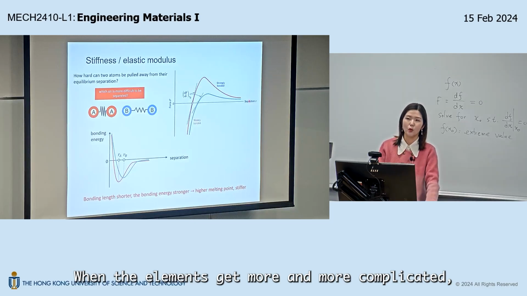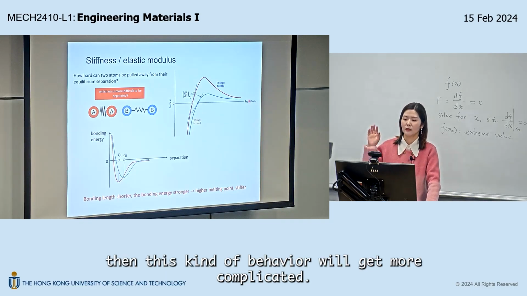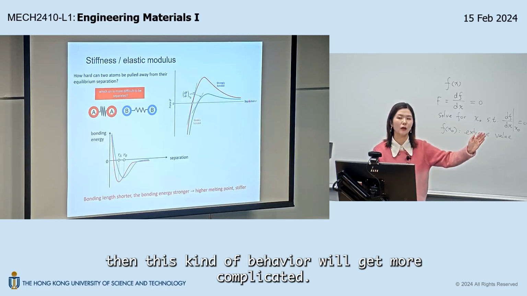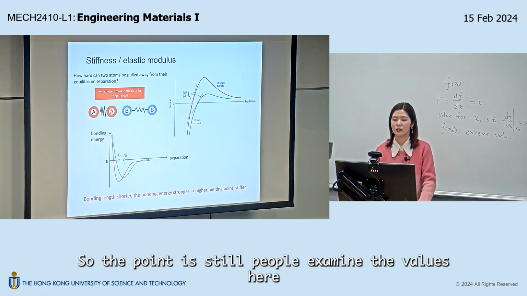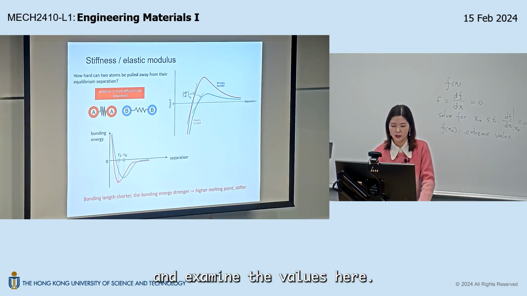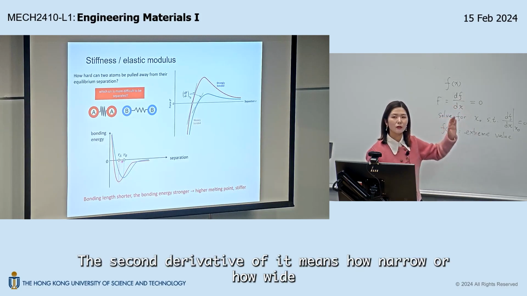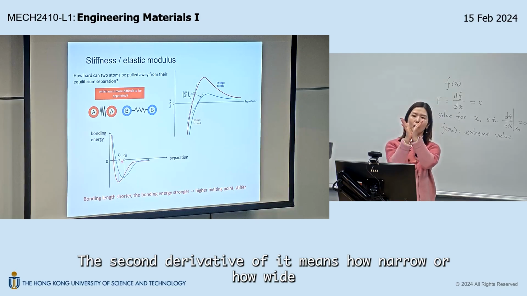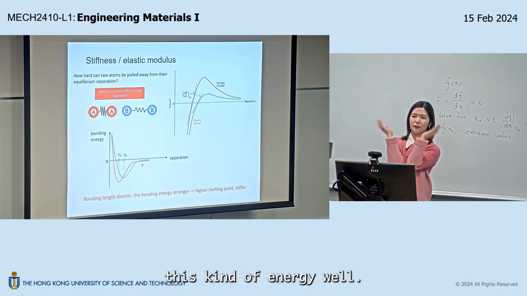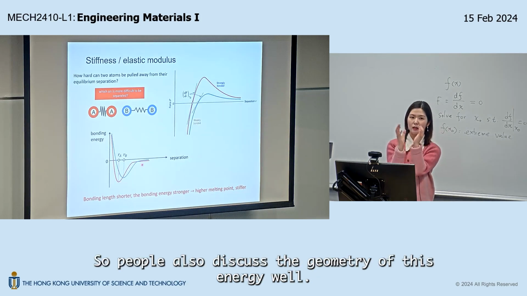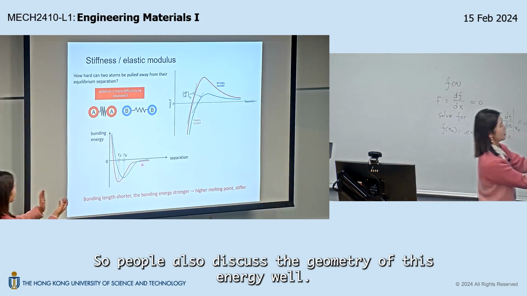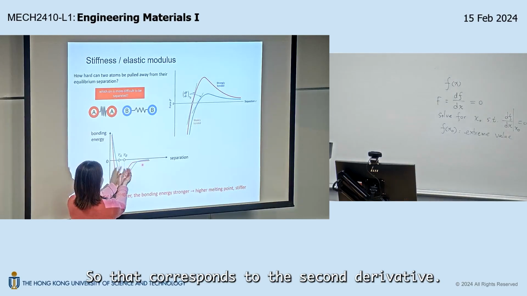When the elements get more and more complicated, this kind of behavior gets more complicated. So the point is that people examine the values here and examine the values here. And sometimes people also look at the second derivative of it. The second derivative means how narrow or how wide this energy well is. So people also discuss the geometry of this energy well. That corresponds to the second derivative.